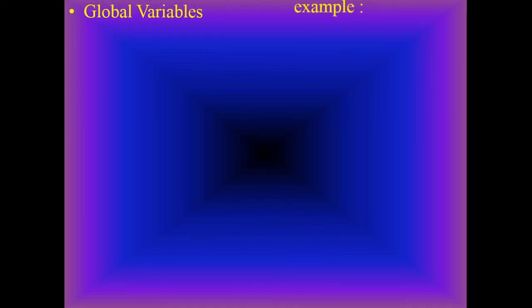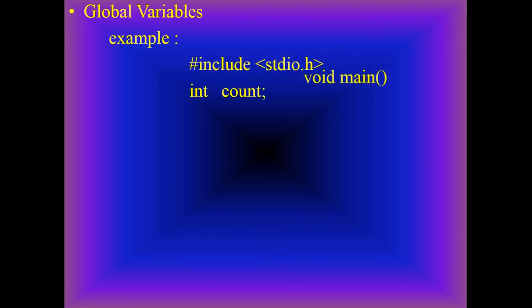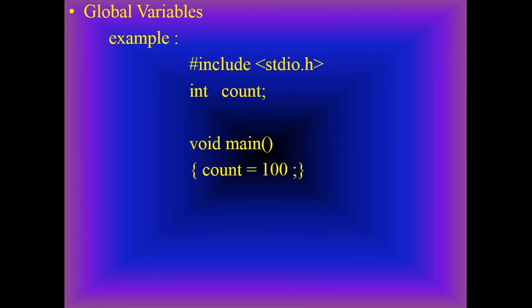Okay, so global variables, the distinction is that when we say global variables, that means the variables that you are going to declare should be outside your function.